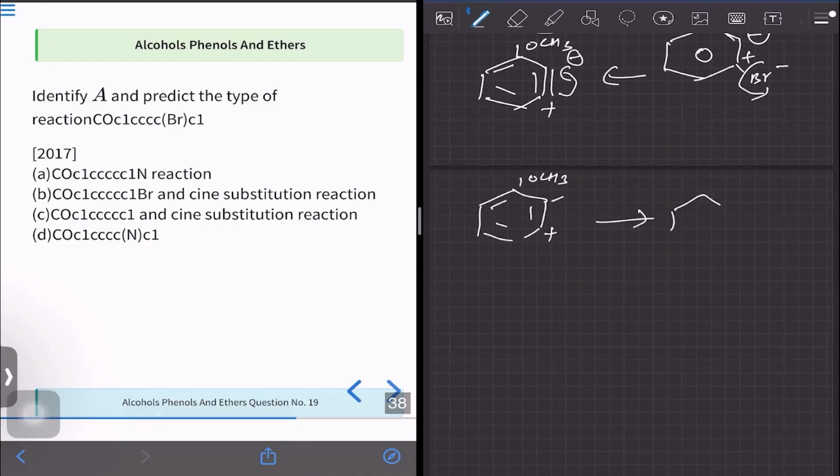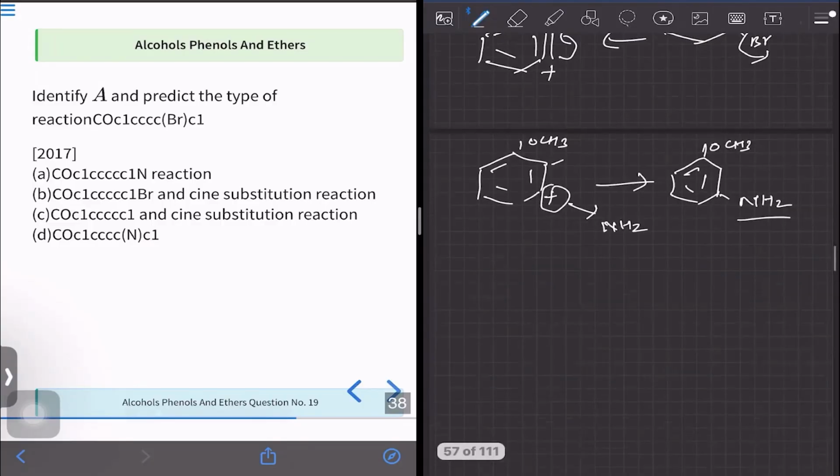Then what does it produce? At the positive charge we can have the NH2 group. So it is OCH3 and NH2 group at where bromine was present initially.